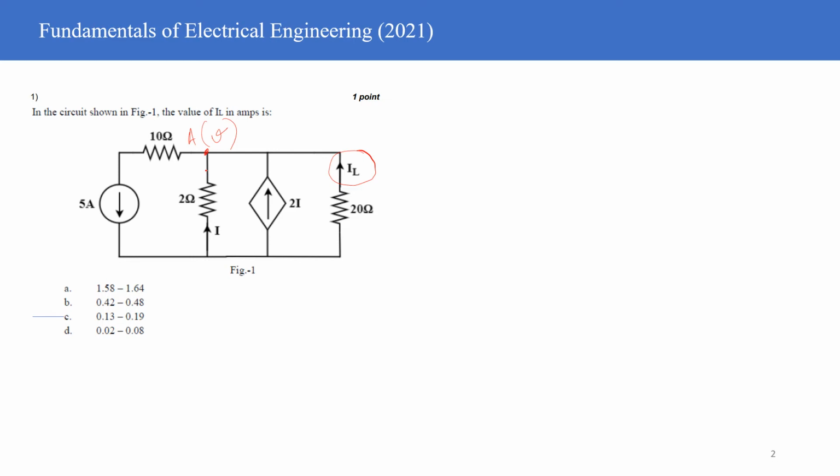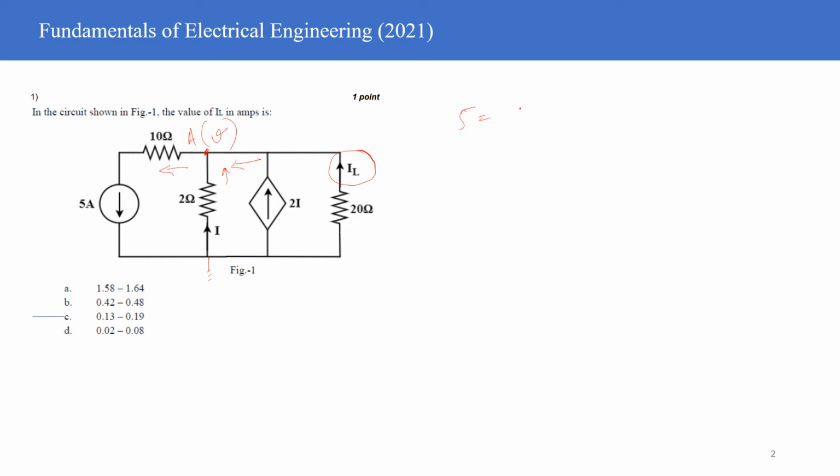So you write the equation: the current is flowing out here, 5 ampere current, so the current must be flowing in to give out this value of 5 ampere current. So the 5 is nothing but equal to, like I can take this particular potential to be a ground potential, right?